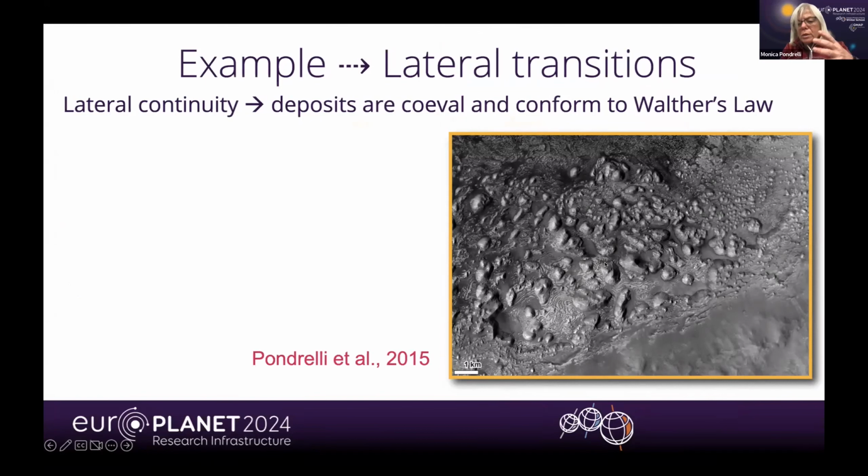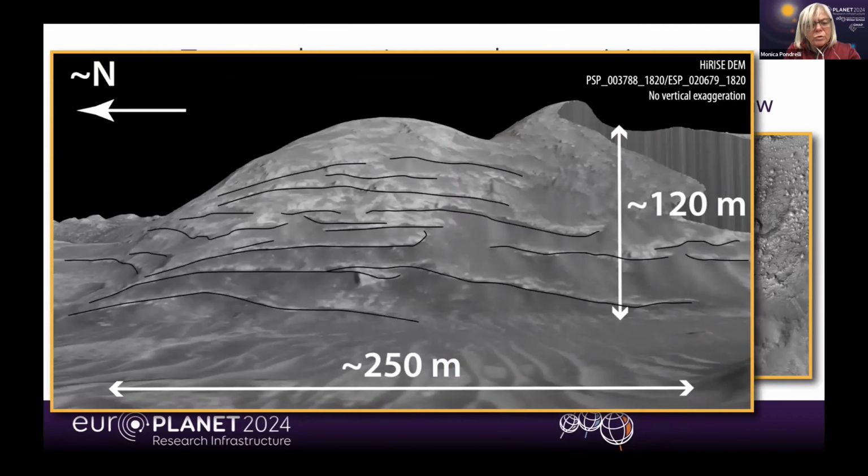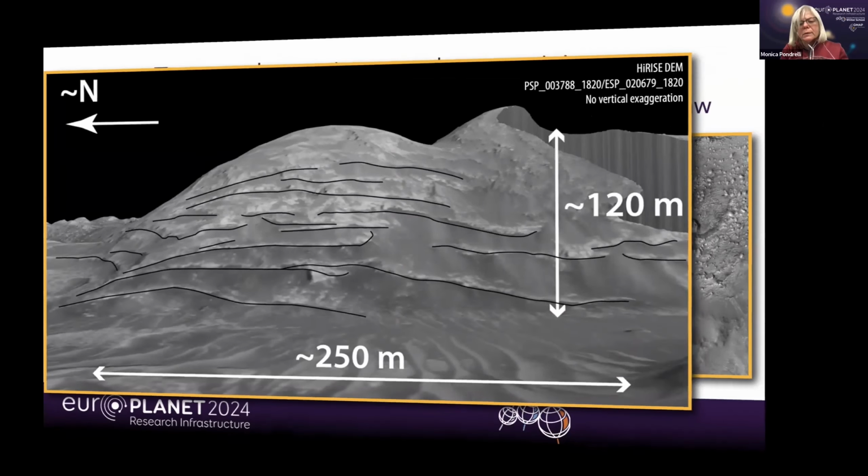And the question was, are these layers post-dating, predating, or contemporaneous to the mounds? And the answer is here. We have layers from the mounds which continue outside of the mounds in continuity. It means that these two environments were coeval, so they were deposited at the same time, laterally equivalent.